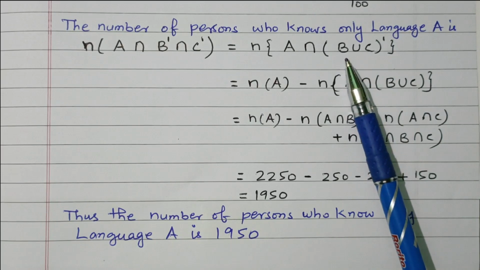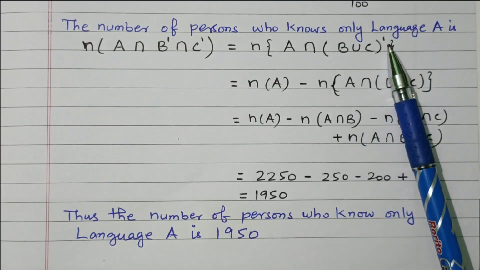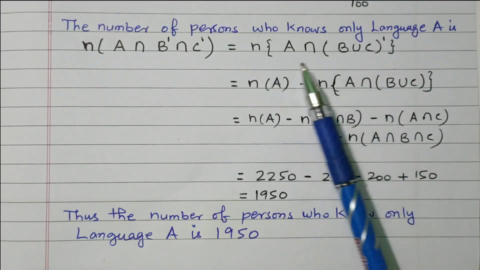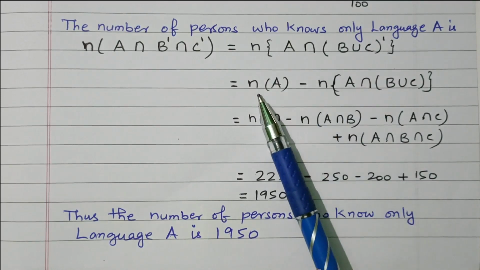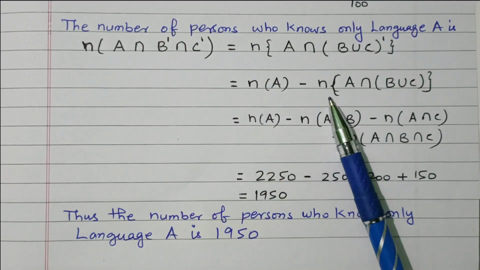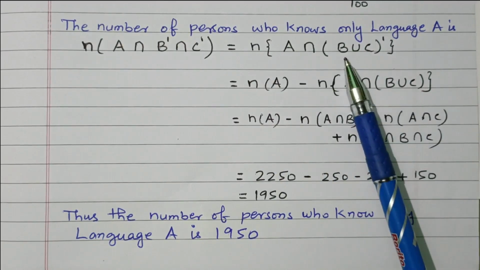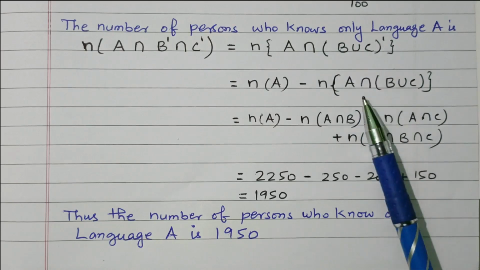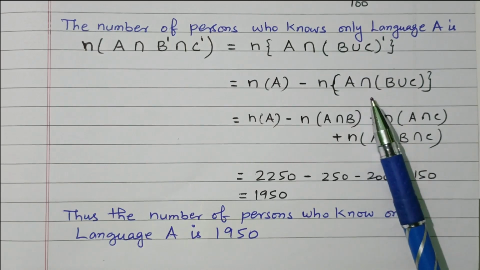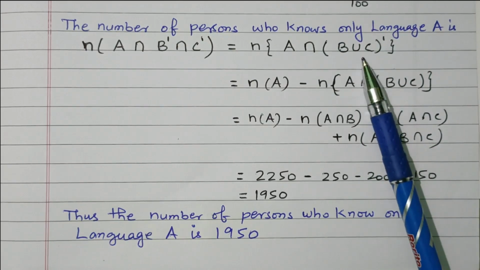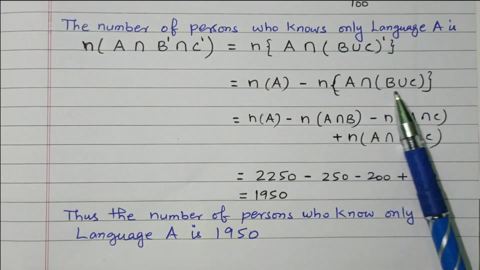Both the languages. Dash means they don't know the language B and C, right? So this can be further written as n of A minus n of A intersection (B union C). This A intersection (B union C) dash is written like that.